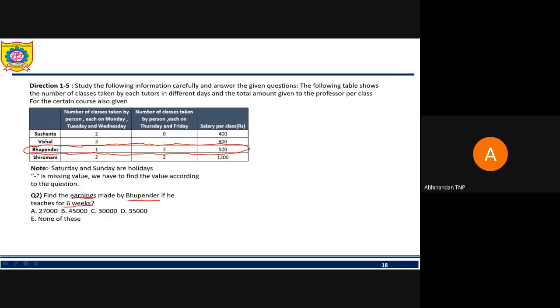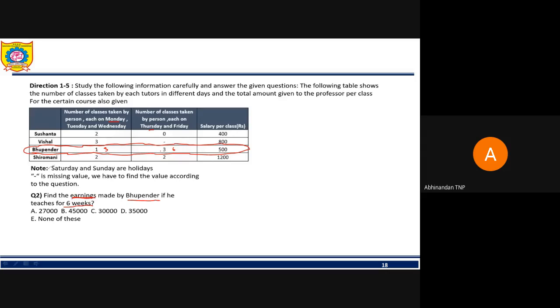So here we have total earning. Each day 3 means each day it is 1, total it is 3, and here each day it is 3, means it is 6.